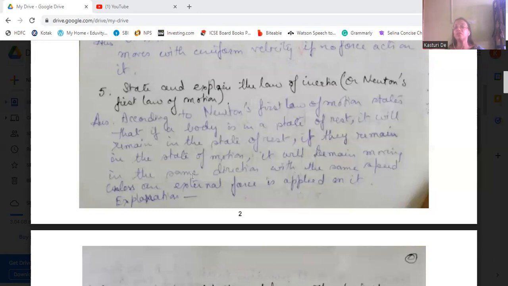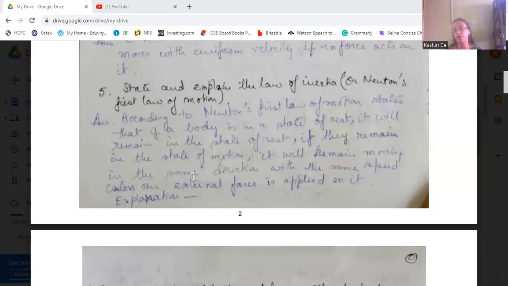Applying the brakes is nothing but the force applied to stop it, reduce its velocity or change its direction. So unless this force is applied, it will remain in that state of motion, in the same direction with the same velocity.